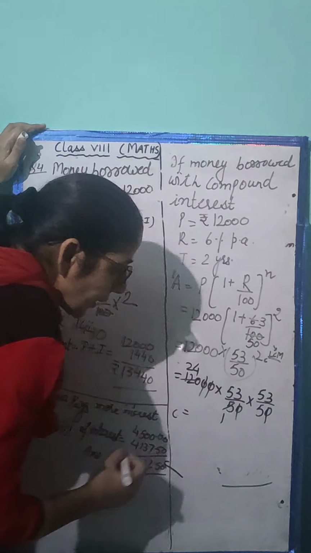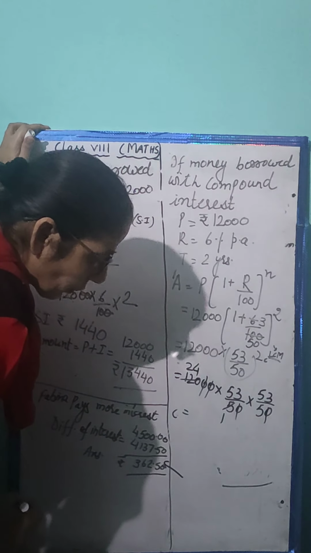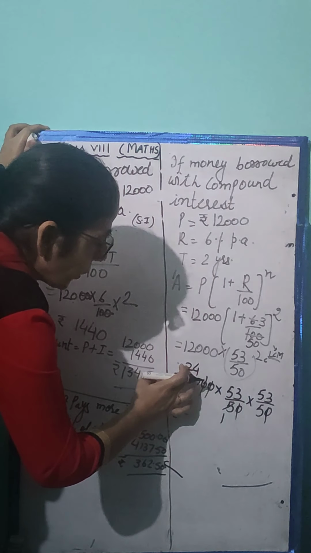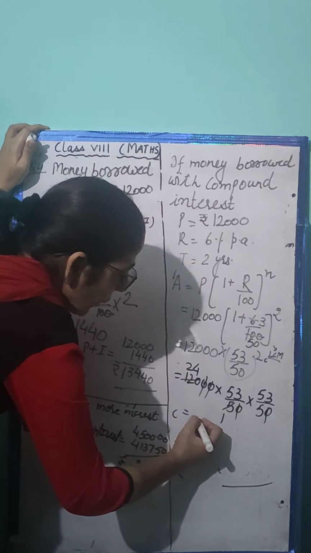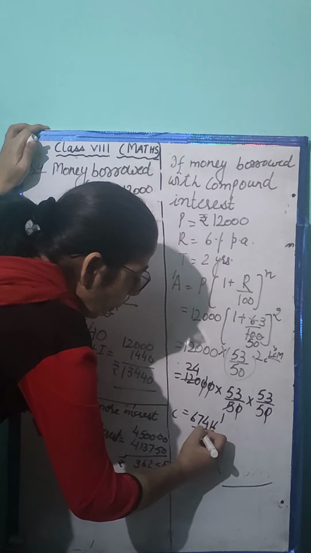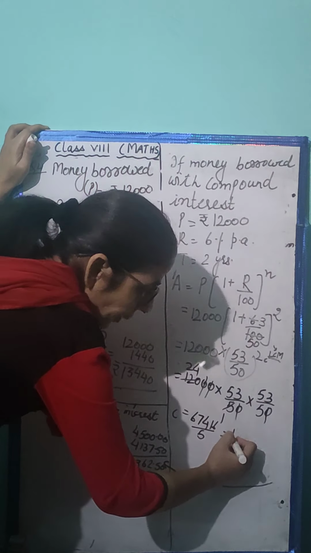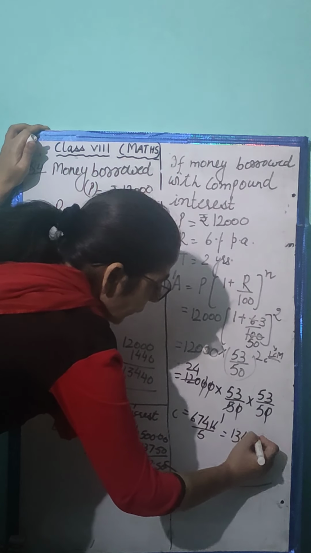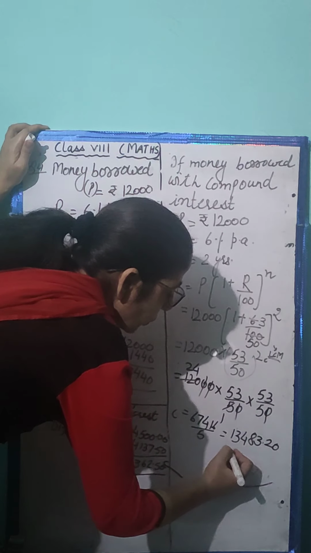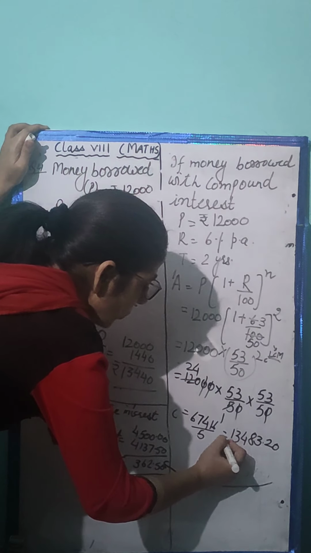No further cancellation possible. And when we will be calculating this 53 into 53 into 24, it will give 67416 upon 5, and that is equal to 13483.20. So this is the amount here.